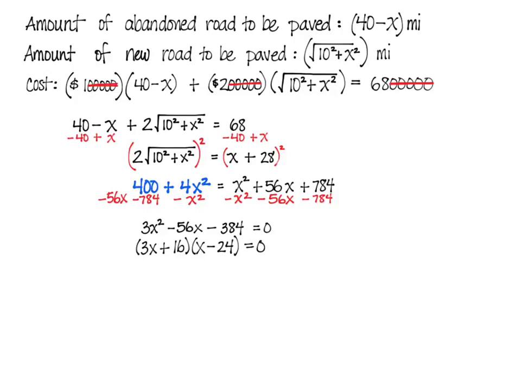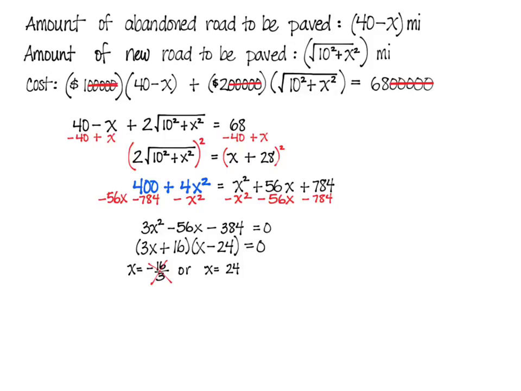I've factored the quadratic, and just thinking of it as a math problem, we've got x equals negative 16/3 or x equals 24. But if you'll recall, the domain had to be between 0 and 40. Well, this is not in the domain, and if we think about what x stands for, you can't have a negative distance. So that is an extraneous solution. The only solution we have here is 24.